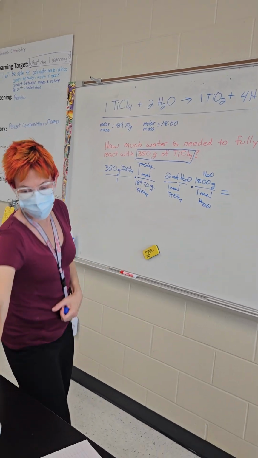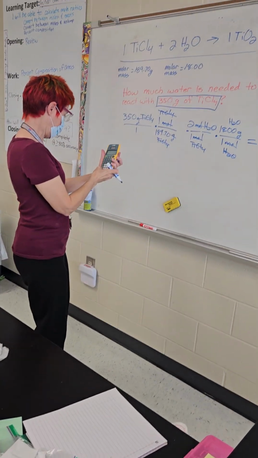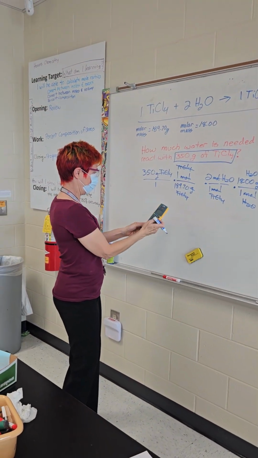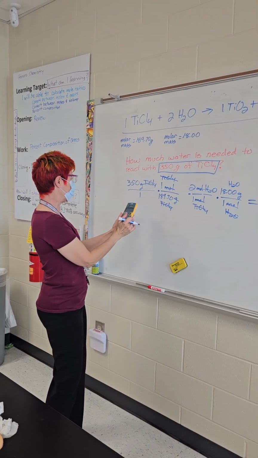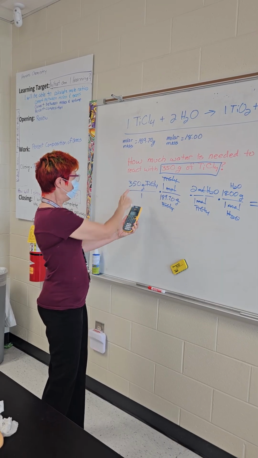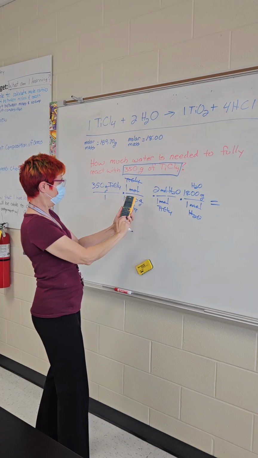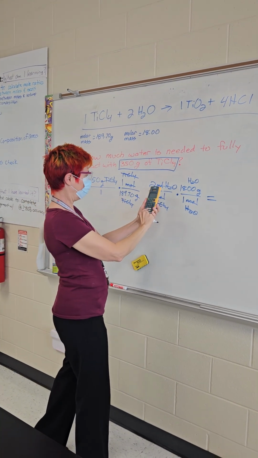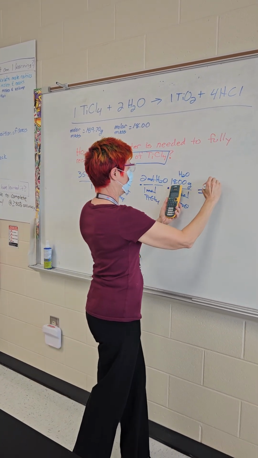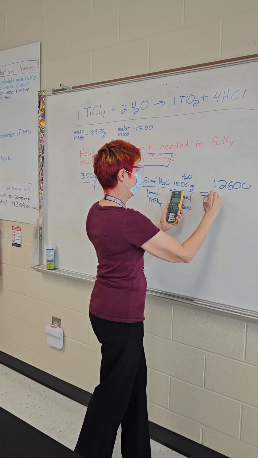And at this point, I'm going to grab a calculator that hopefully is working. And if not, I'm going to press on and clear, and that will usually get it to wake up for me. I am multiplying everything across the top, so 350 times 2 times 18 equals that number.